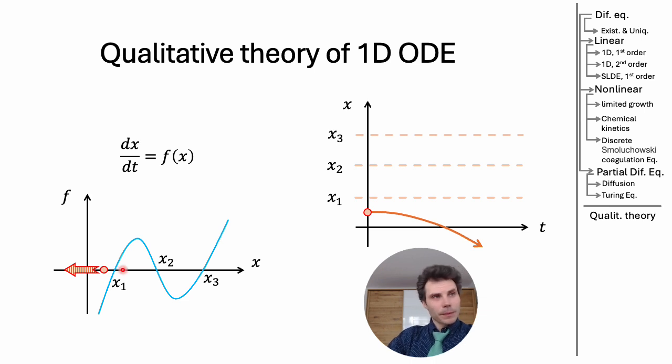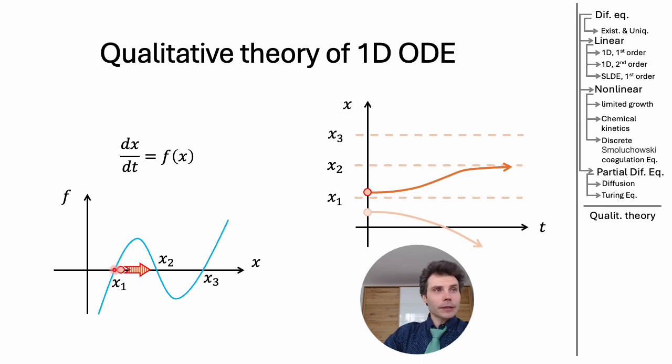What would happen if we position the original value of x here? Here, the function f of x, which is the derivative of x with respect to time, is positive, and therefore x is going to increase.